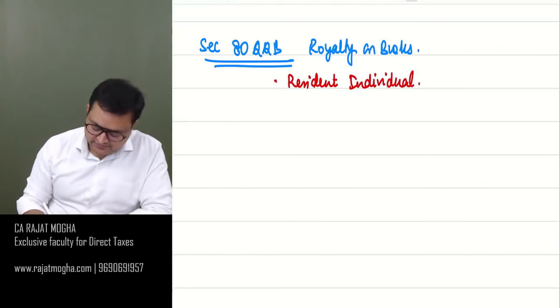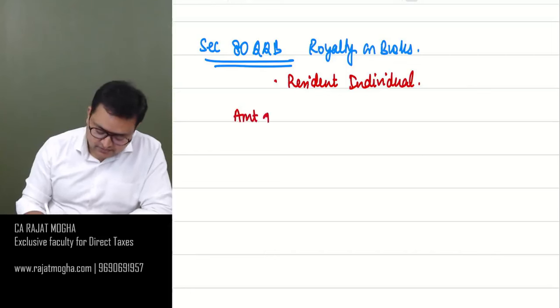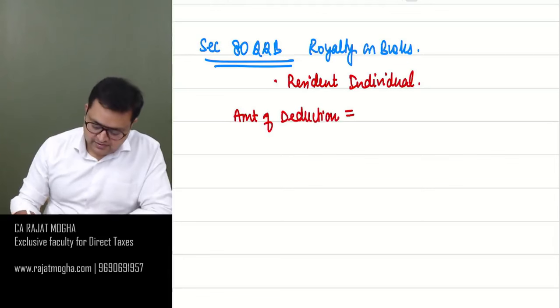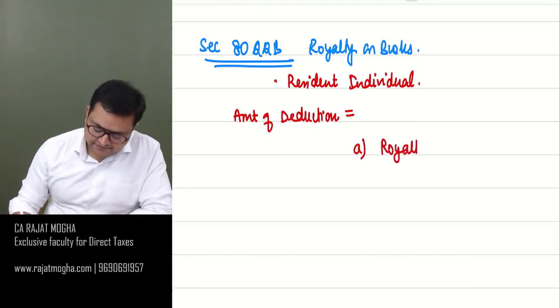Amount of deduction is equal to A, your royalty received minus expenses.